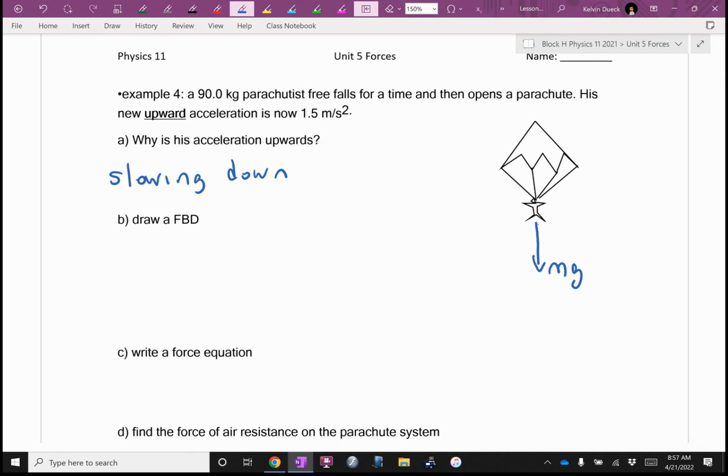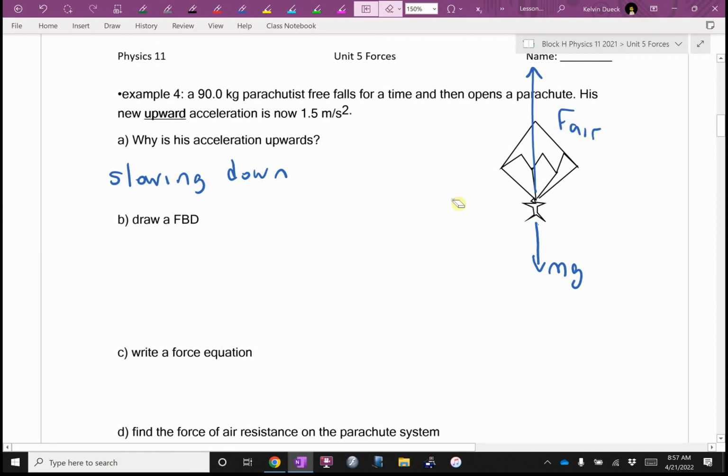This can't be it because he's accelerating upwards. What else? And even though I didn't in this question blatantly say to you, include air resistance, I did when I said he's accelerating up. So this will be another fair game question to expect you to clue in. Only way to be accelerating up is if there's air resistance. I'll really exaggerate it so it stands out. Good.